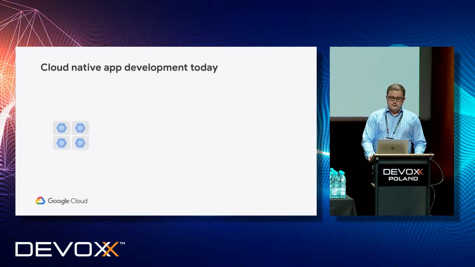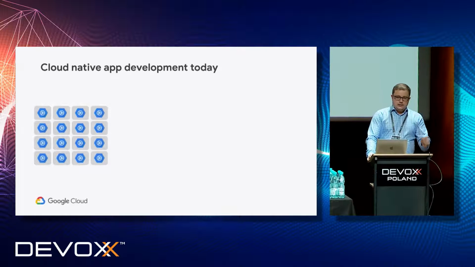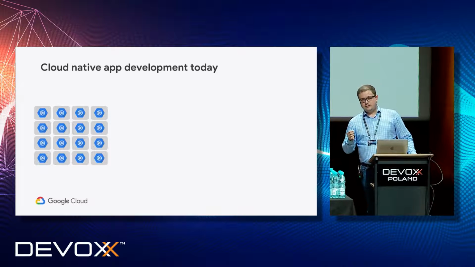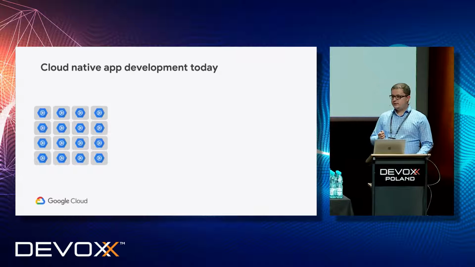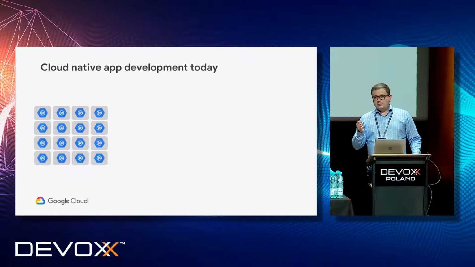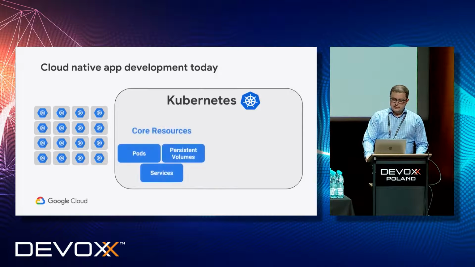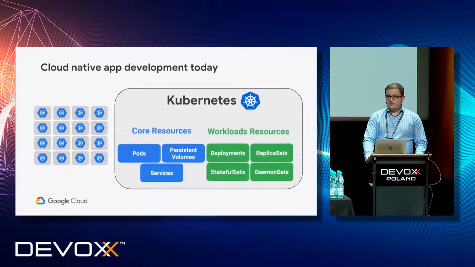So cloud-native application development today is about building plenty of containers, running those microservices in sometimes a really messy mesh. And this can create a lot of complexity for our environment. So we started with running containers.